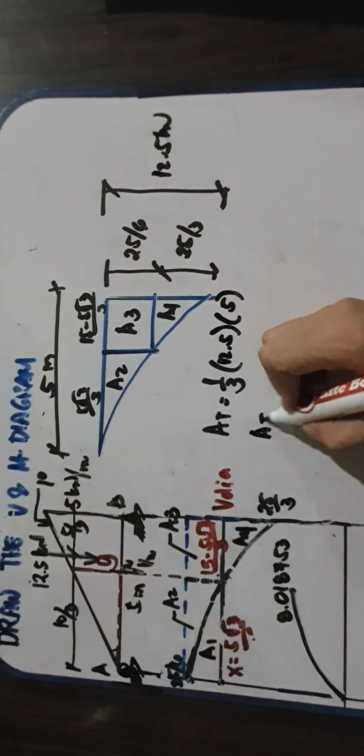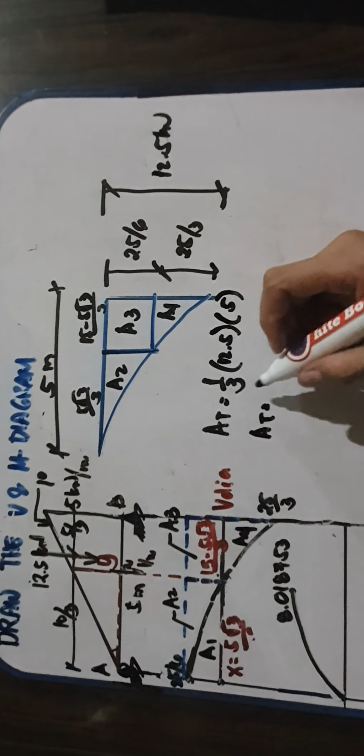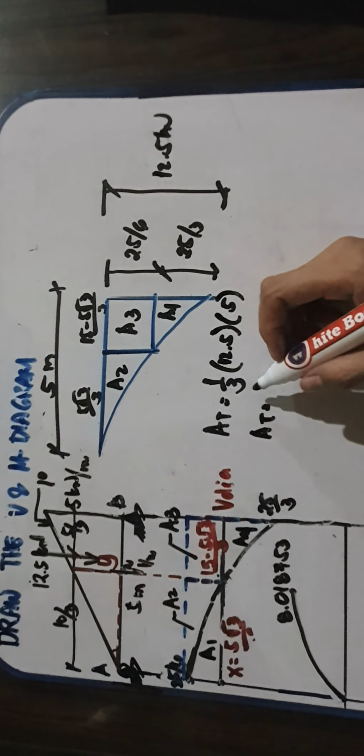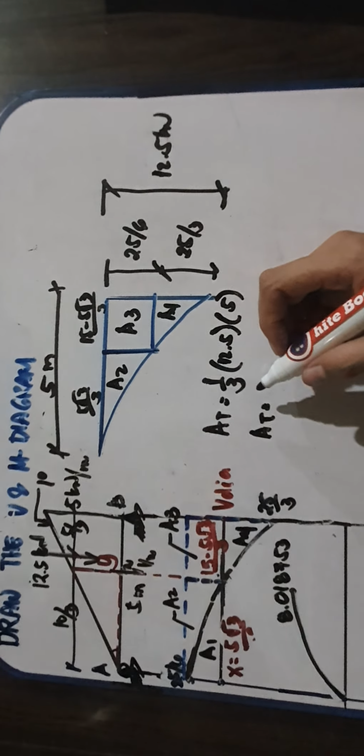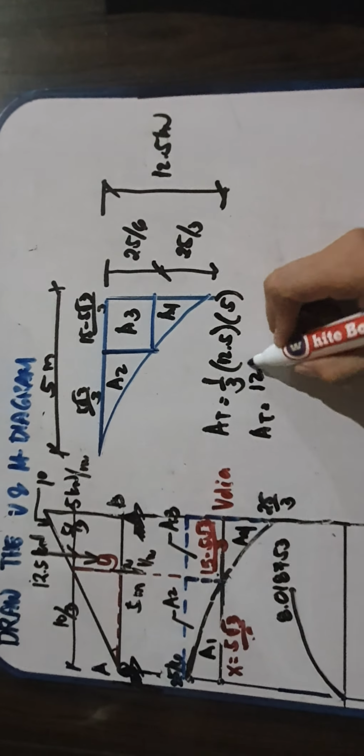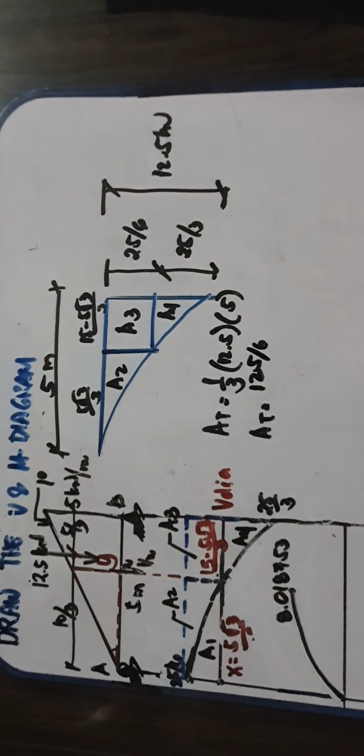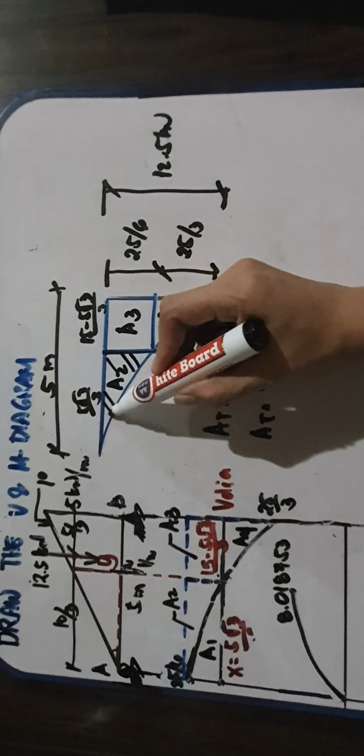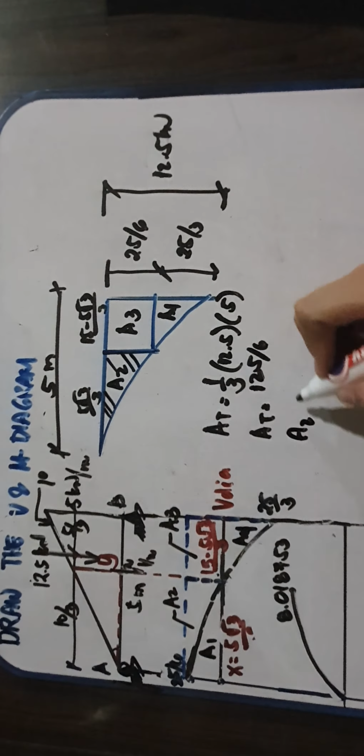So, area total is equivalent to, ilan po? So, we have here, area total to be 125 all over 6. Okay, next. Kunin naman natin yung area 2. Ito tayo, area 2. So, di ba 1/3 din siya? So, ilagay natin yan, area 2.